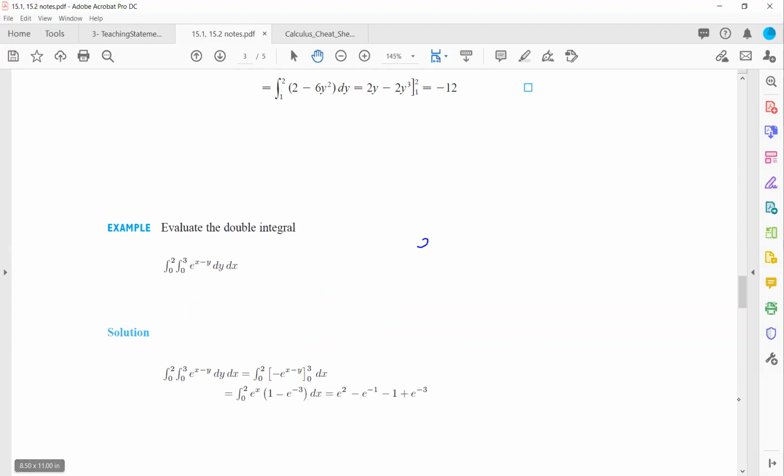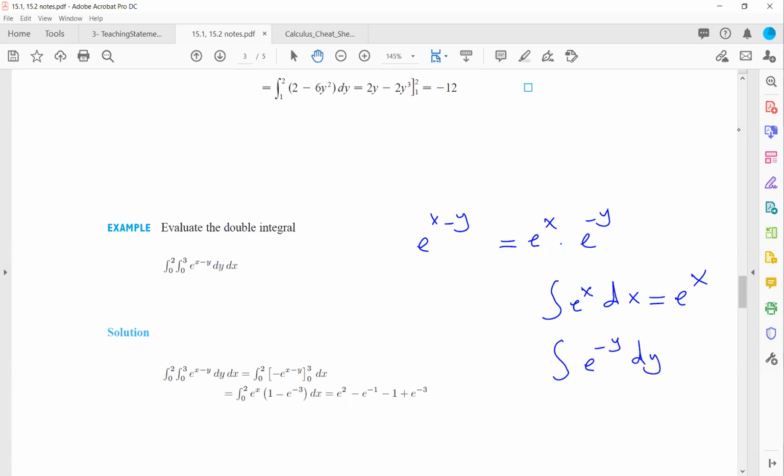First of all, e raised to x minus y can be written as e to the x times e to minus y. Remember that the integral of e to the x dx is e to the x, and the integral of e to minus y dy is minus e to minus y.